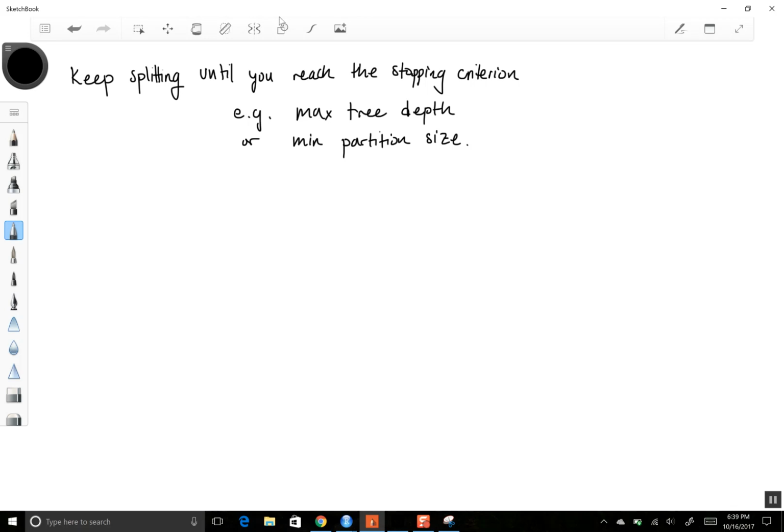So in order to avoid overfitting of your data, you can prune back the tree. Pruning back the tree, often we do it via cross-validation, or we have some kind of method to decide how to cut back to make our tree less complicated.